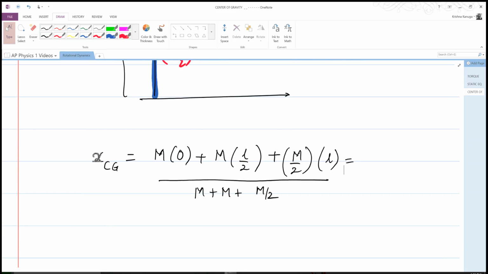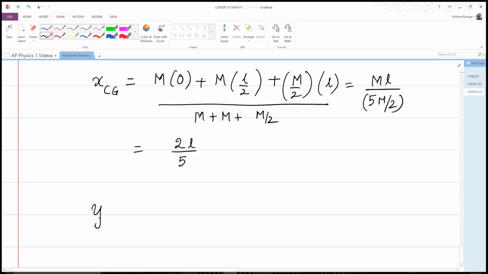If we simplify this, we get mL/2 plus mL/2, which becomes mL, and then we divide this by 2 plus half, which gives us 5/2. And so the x center of gravity is going to be equal to 2L/5.